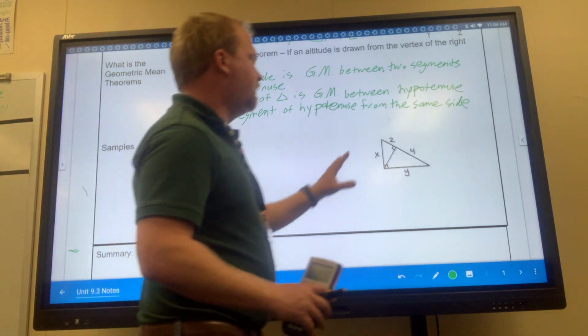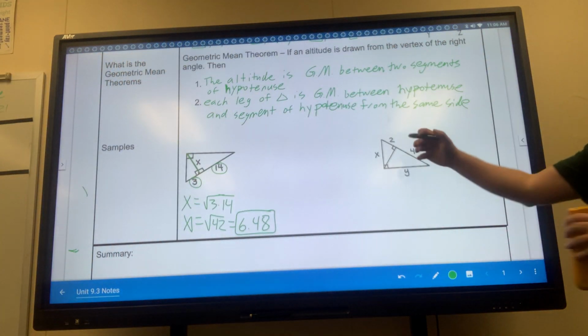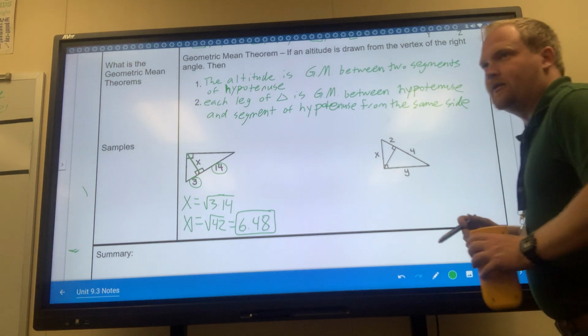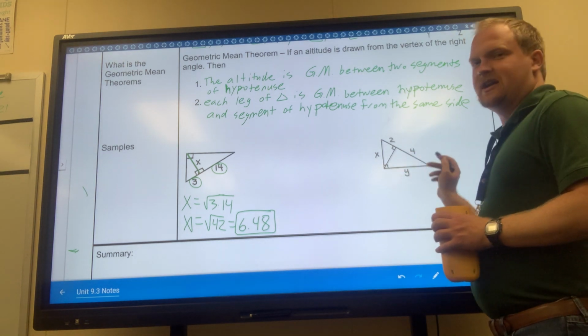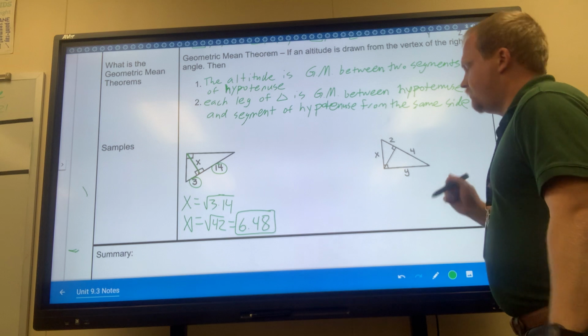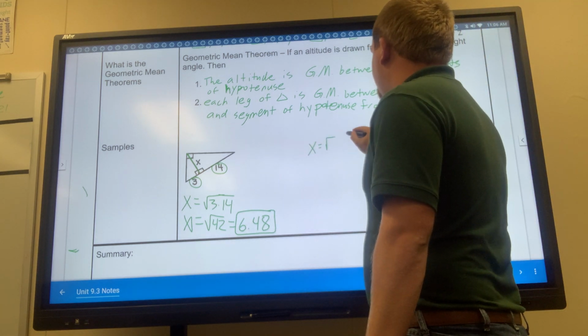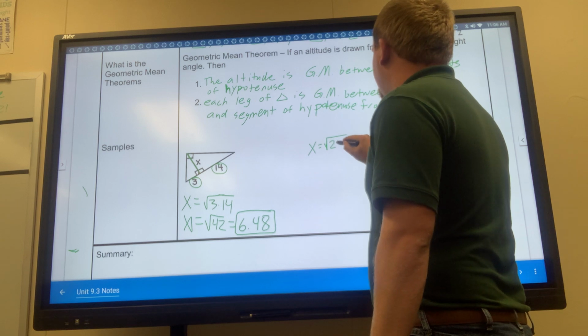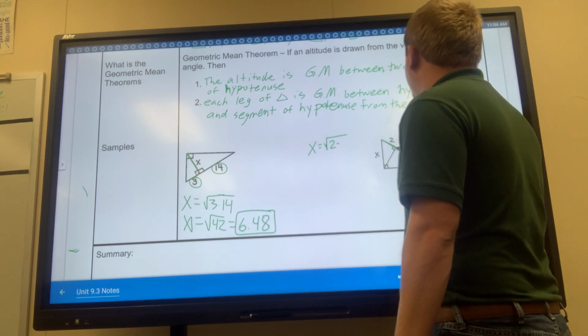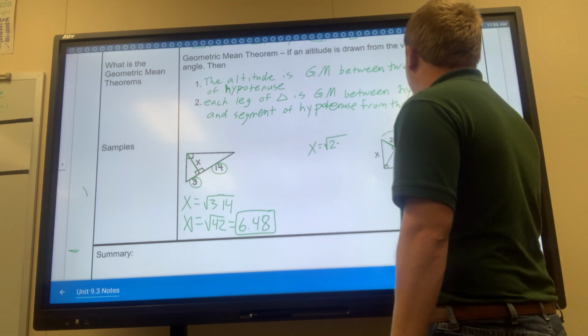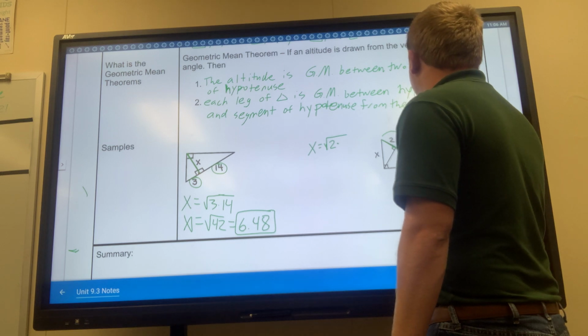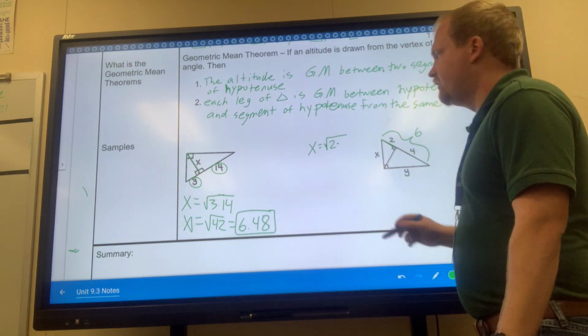Now, if I want to find each of these lengths, x and y, I basically have to find the length of each leg. So this is how it's going to work. If I'm solving for x, one part of it is the part on the same side, as well as the whole length itself.